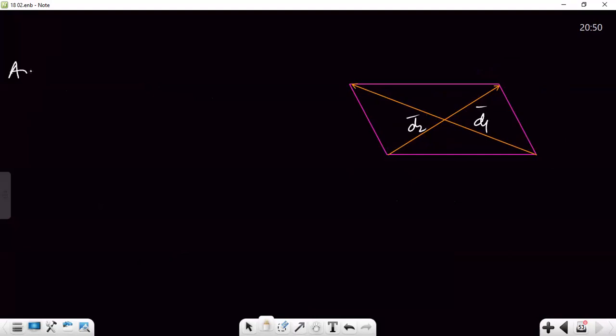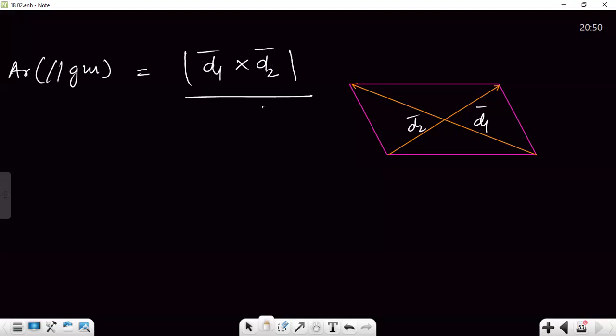Then the area of the parallelogram can also be found by taking the cross multiplication of these vectors, its magnitude, and its half. That's the area of the parallelogram if we have the vectors of the two diagonals.